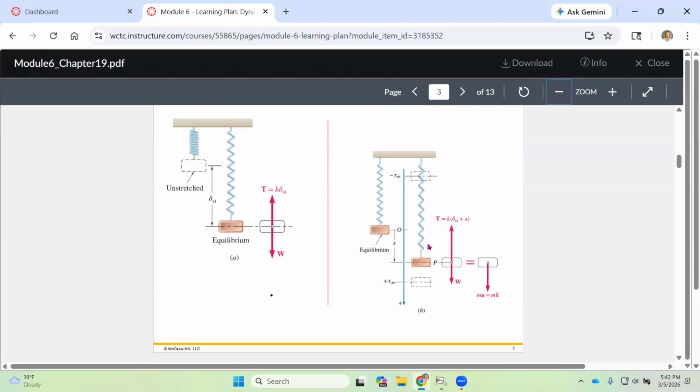So it's not going to go quite as far down, and it's not going to go quite as far up for each one of the cycles that it takes to try to find equilibrium until it does. It gets less and less and less, and then it'll rest at equilibrium.